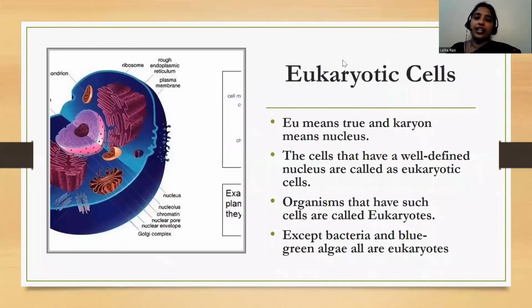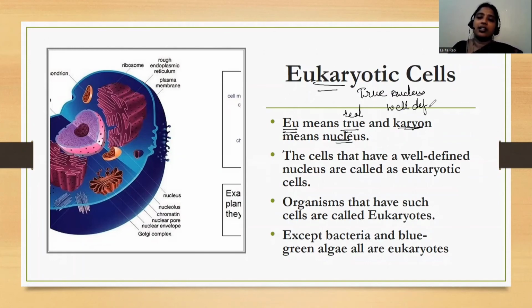Now, eukaryotic cells. Eu means true, and true means real or actual, so a real or actual nucleus. And karyon means nucleus, as we have already discussed before. So eukaryotic cells means the organisms that have a true, or well-defined, nucleus.